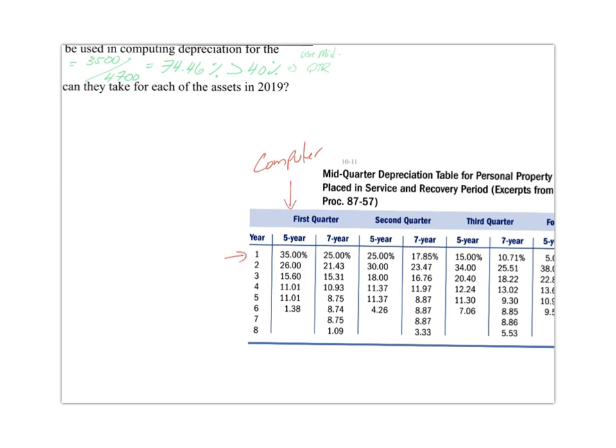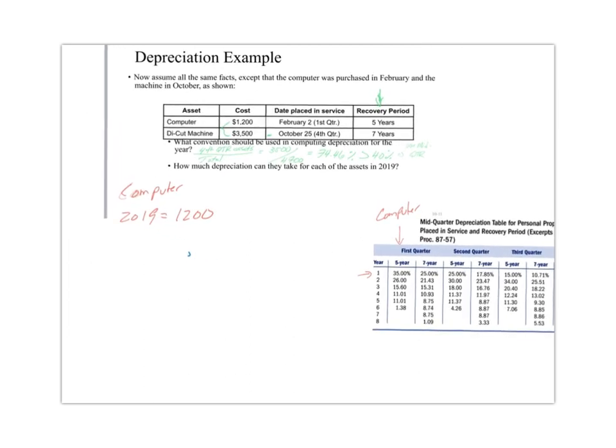And so our year 1 percentage is 35%. And so our year 1 depreciation is $420. So now let's do 2020.